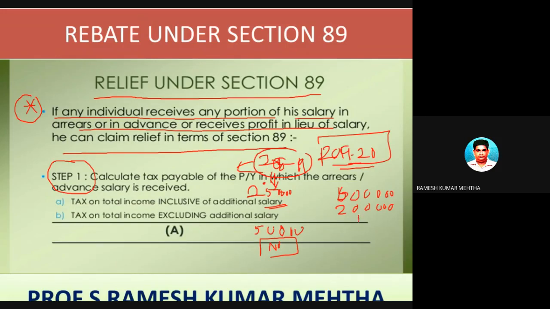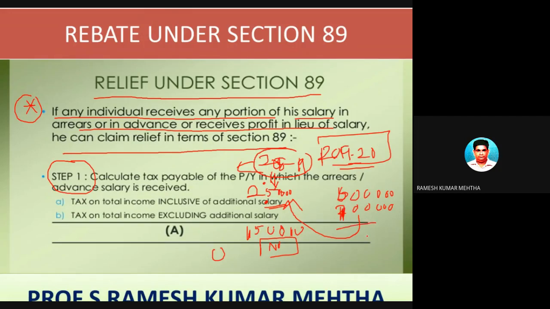Now, if the same amount had been received in the earlier year, then, for example, he has received 1 lakh rupees, for example, arrears of 2018-19. If you add this to the 50,000, the total income would have been 1.5 lakh rupees, and there is no tax. However, he has received this in the current financial year.